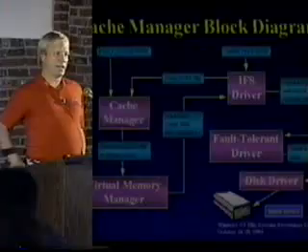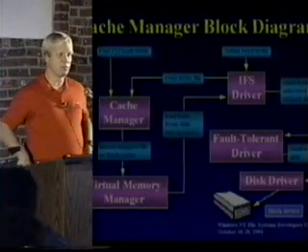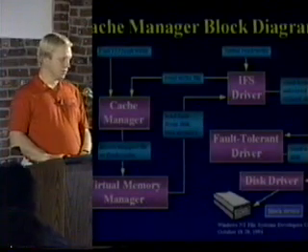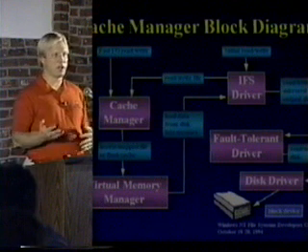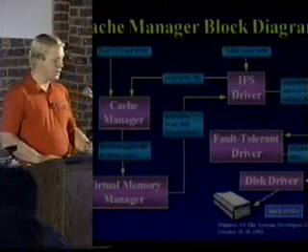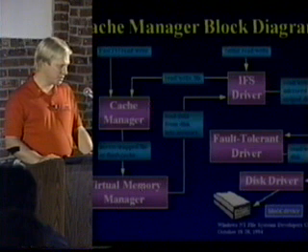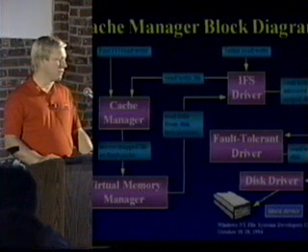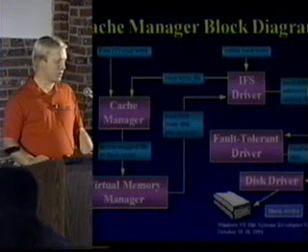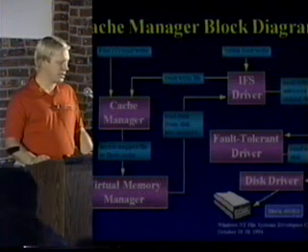So here's a block diagram of the interaction and all the components that are relevant to understanding how file systems, the cache manager and memory management all work. You see all these components in this picture. There's the cache manager, and the virtual memory manager in the lower left-hand corner is actually maintaining the cache streams.